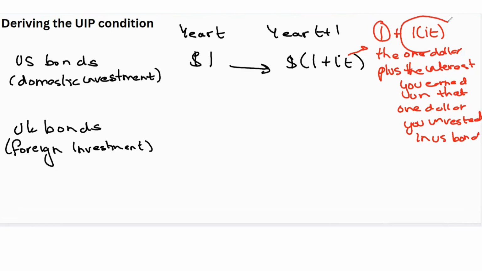So overall it becomes 1 plus I_t. When you invest $1 in a US bond, you get that dollar back and the interest you earned on that dollar. So it's 1 plus I_t times 1, which is just 1 plus I_t.